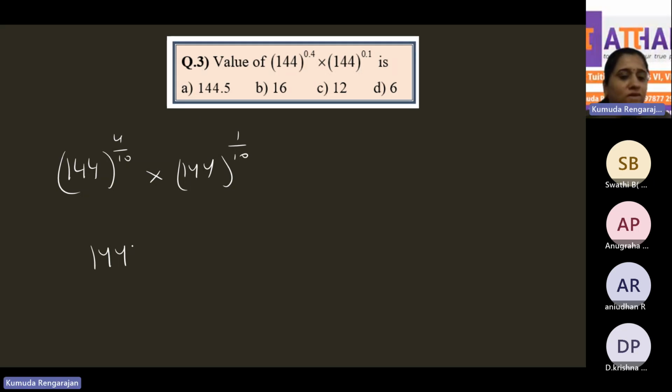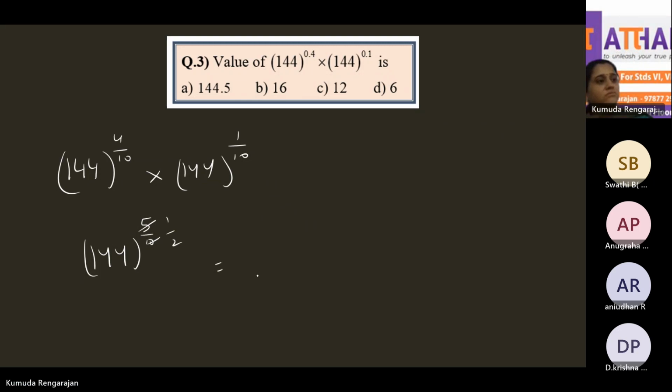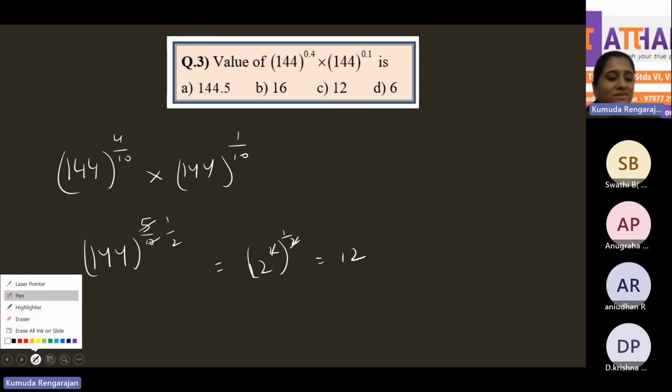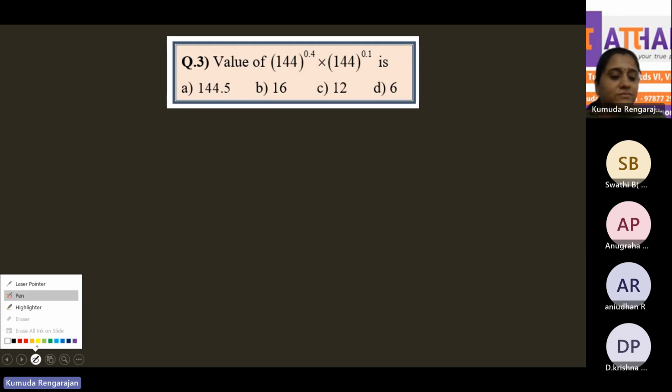Add the powers, so you get 5 by 10, the whole power 5 by 10. 5 by 10 is 1 by 2. Then 12 square into 1 by 2, so 2 and 2 will get cancelled. It's 12. Very good, Roshni.